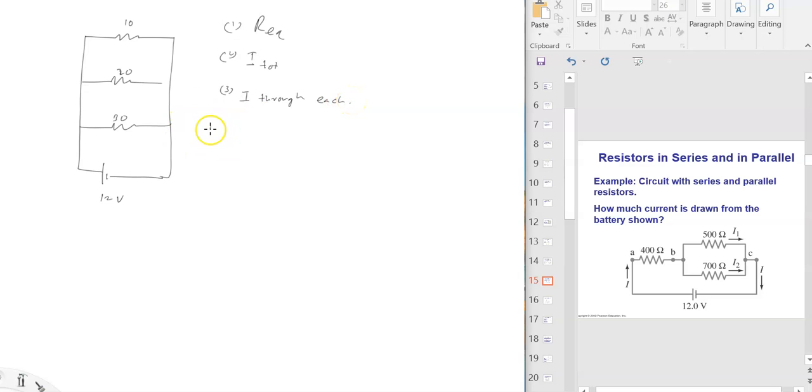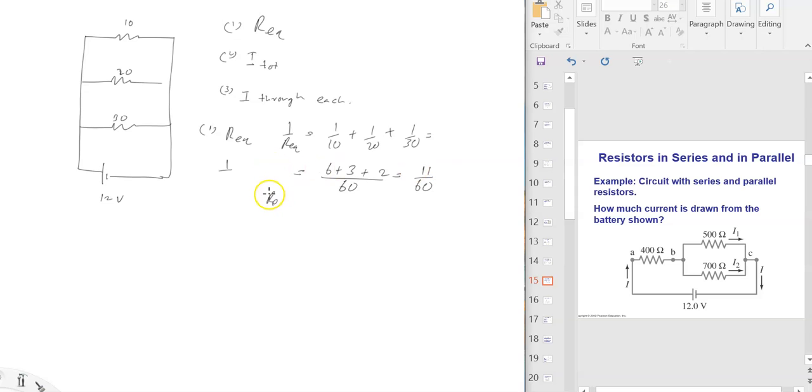Alright, so equivalent resistance, Req. You start with 1 over Req, which is 1 over 10 plus 1 over 20 plus 1 over 30. I'm going to use the common denominator, which is 60. 6 plus 3 plus 2, 11 over 60.